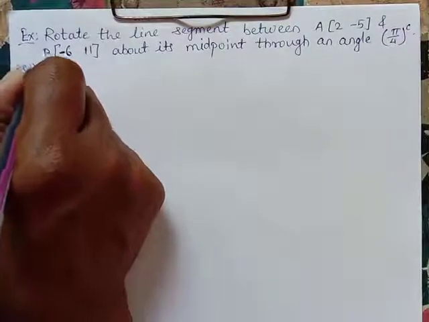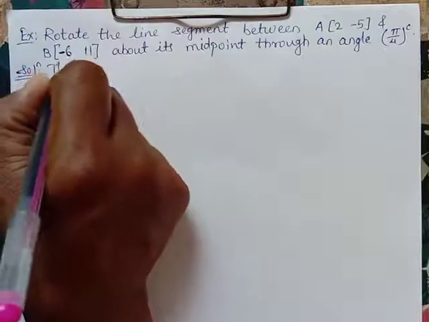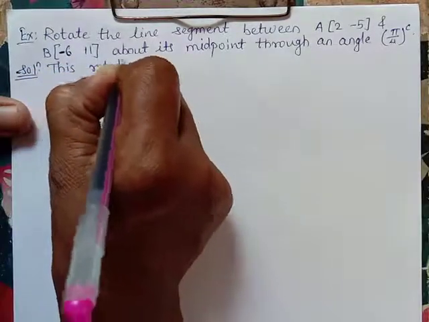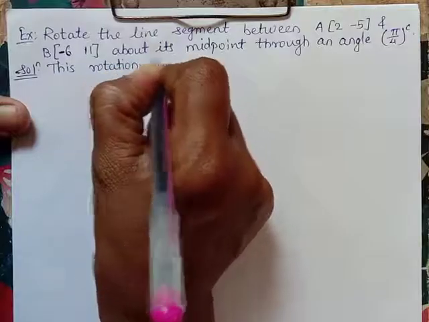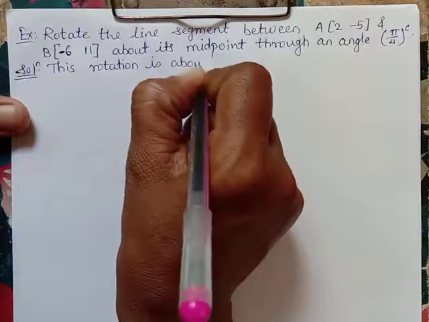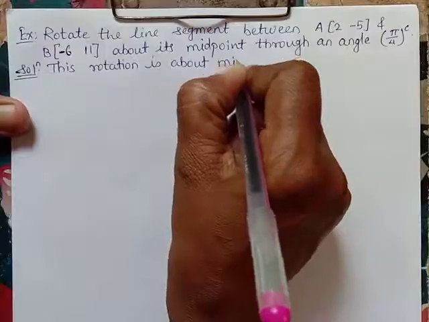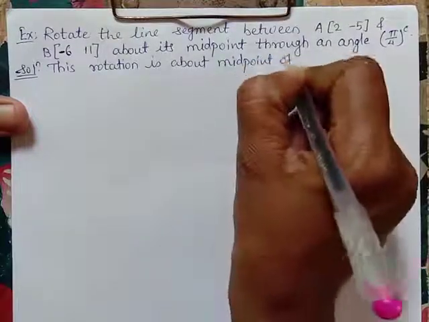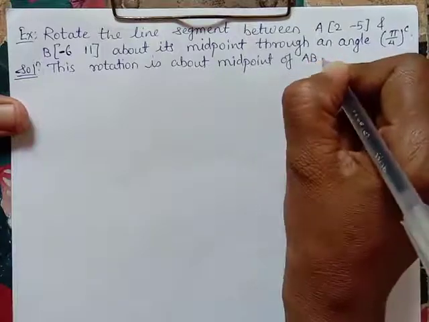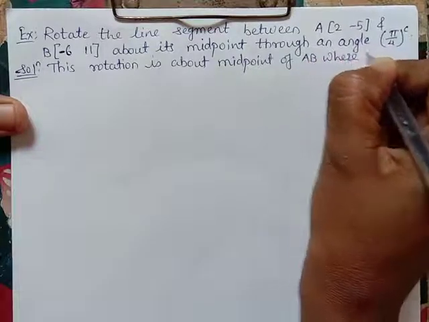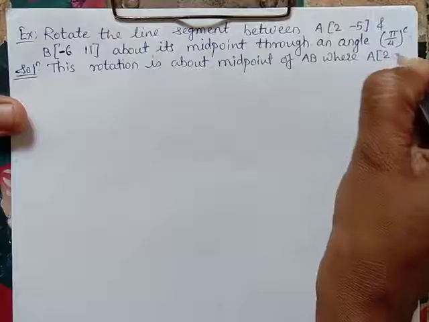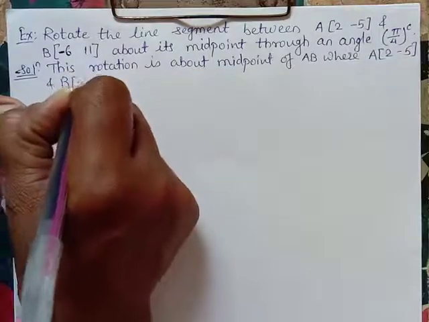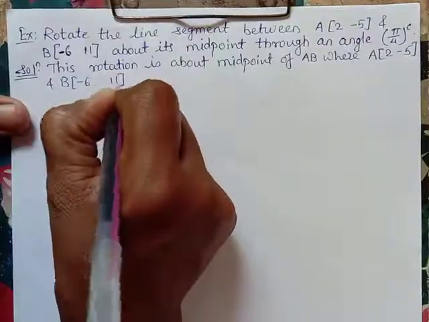Again, just like the previous question, this rotation is about the midpoint of AB, where A is 2, minus 5 and B is minus 6, 11.